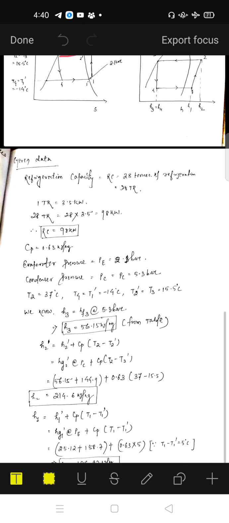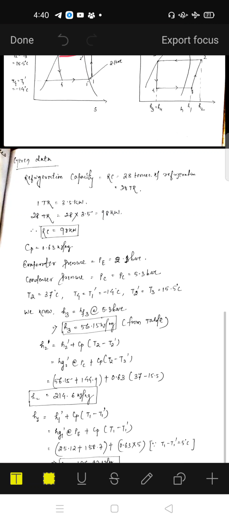Here T1 dash is minus 14 degree centigrade, but T1 is not given. But T1 minus T1 dash is the degree of superheat, and the question says the vapor is superheated by 5 degree centigrade before entering the compressor, so the difference is 5 degree centigrade. Just put the value in place of T1 minus T1 dash, and you can easily find the enthalpy at point 1, that is H1, which is 186.97 kilojoule per kg.